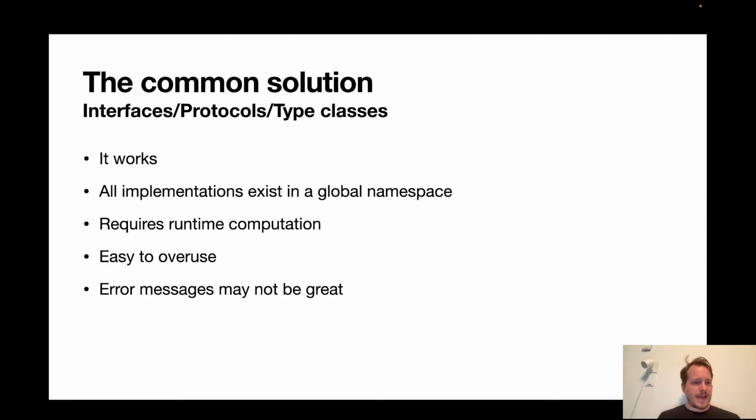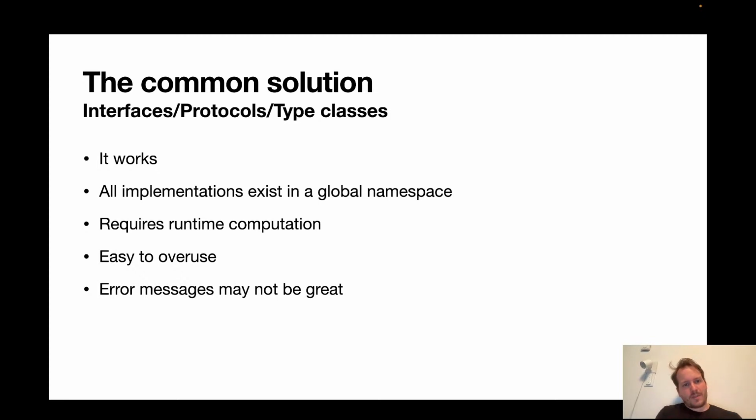But you can't have that because the implementation of an interface for a certain type is global. So if you have an implementation, you can't at some other time override that implementation. There are workarounds to this, like you can wrap the type in some other type and then do the implementation on that type. But then you lose all the aspects of it being that original type.